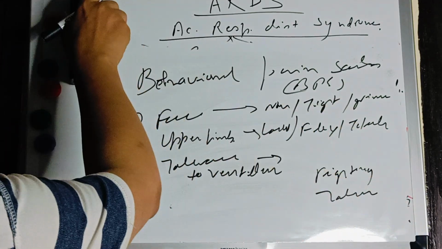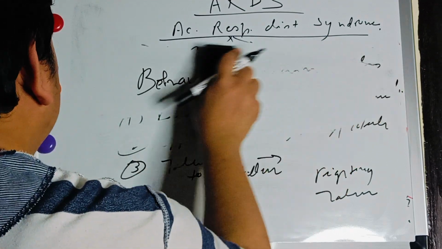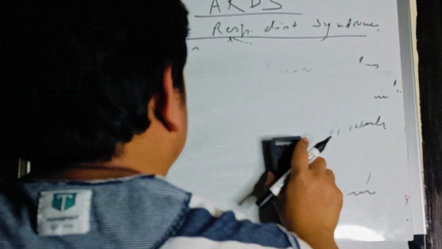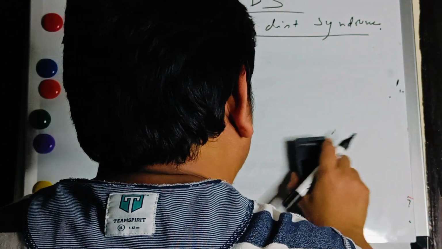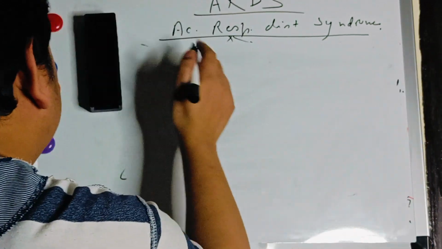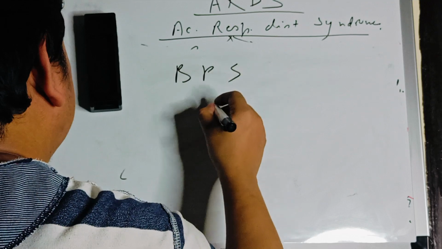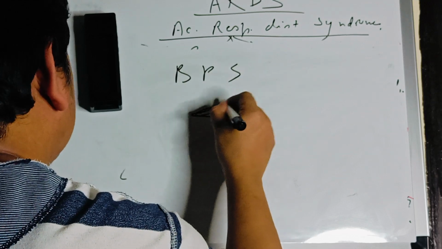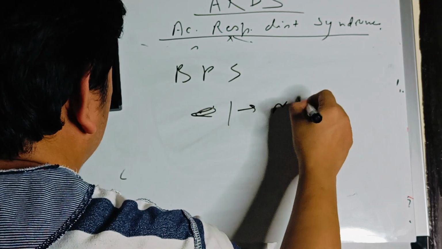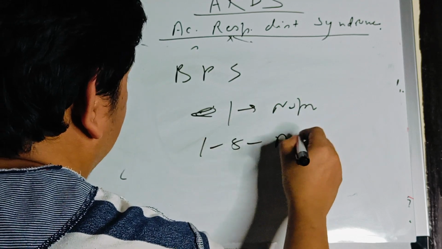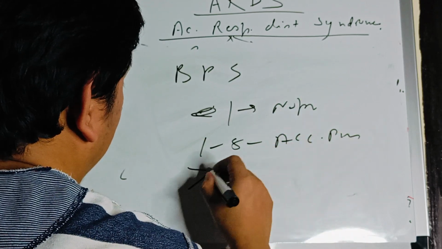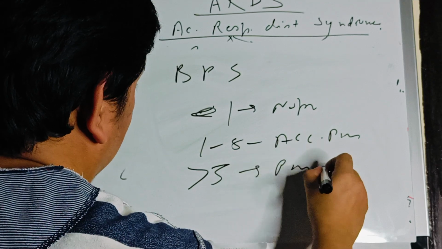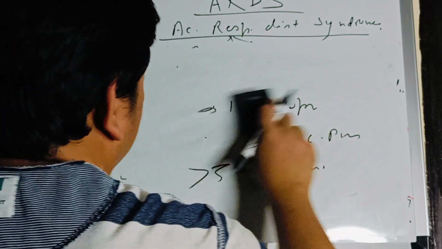So there are various gradings. So the behavioral pain scale has to be utilized. On the behavioral pain scale, less than 1 is no pain, 1 to 5 is acceptable pain, and more than 5 the patient is in pain, and we have to give some medications.